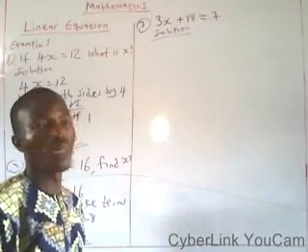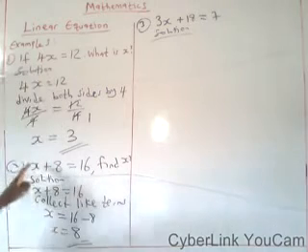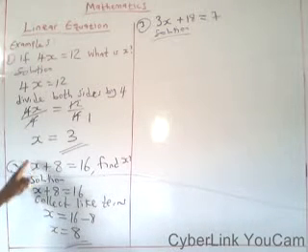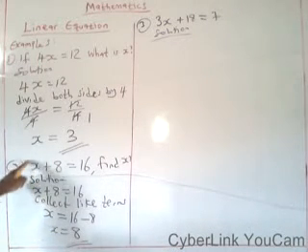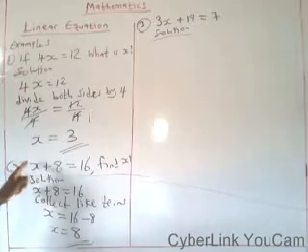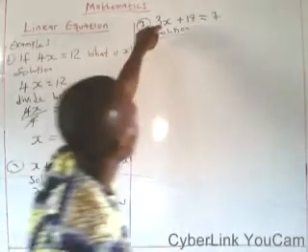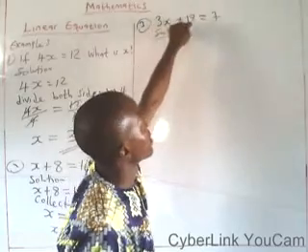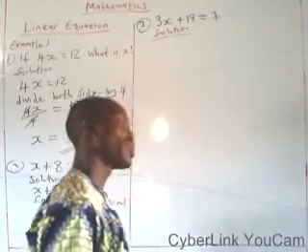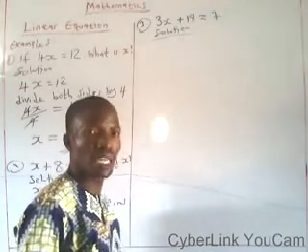What are we going to do? Remember here, the x that we have here does not have any value written. But we assume that there is a value that is 1, but it's not written. Here we have 3x plus 18 is equal to 7. You do the same thing. You carry out the same step.